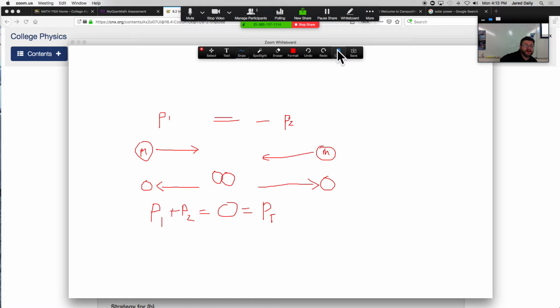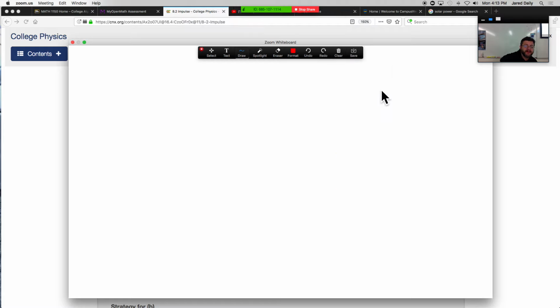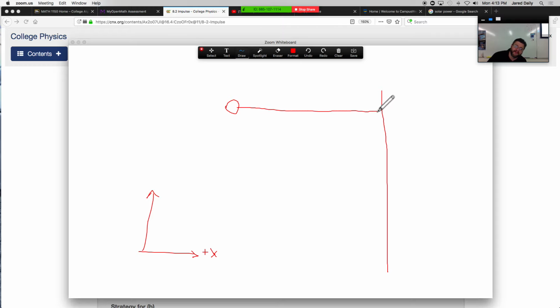So here's our drawing. Here's our wall over here. We'll consider this direction the positive x direction. The first ball comes straight into the wall, hits the wall, bounces back out, like that, except right on top of its own path.